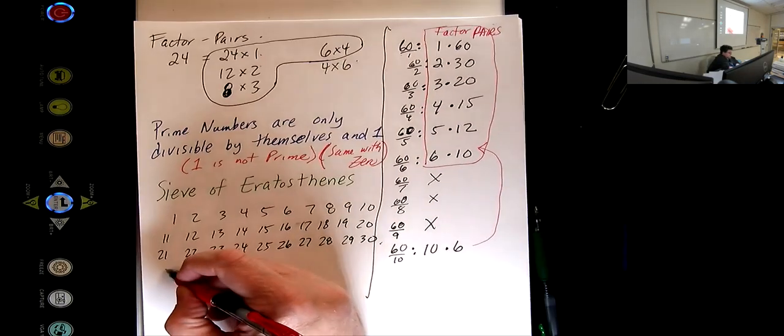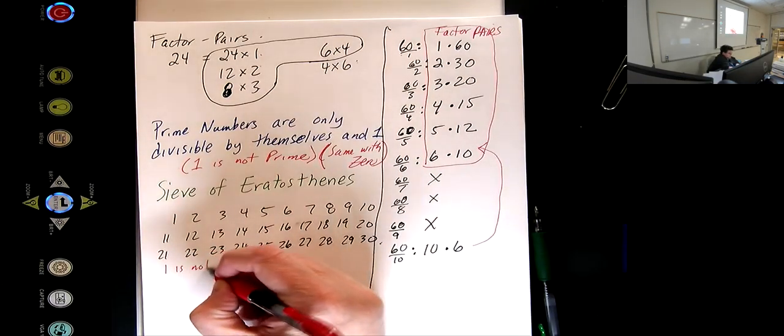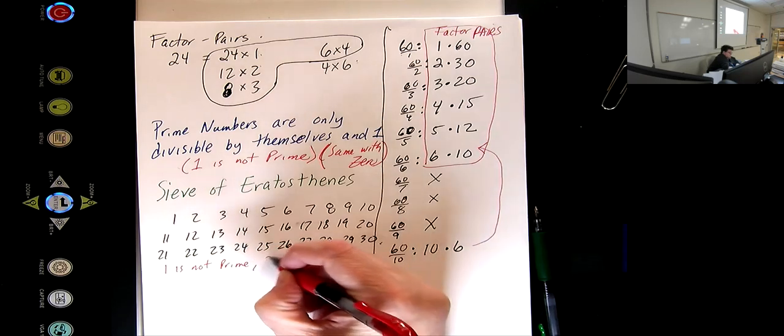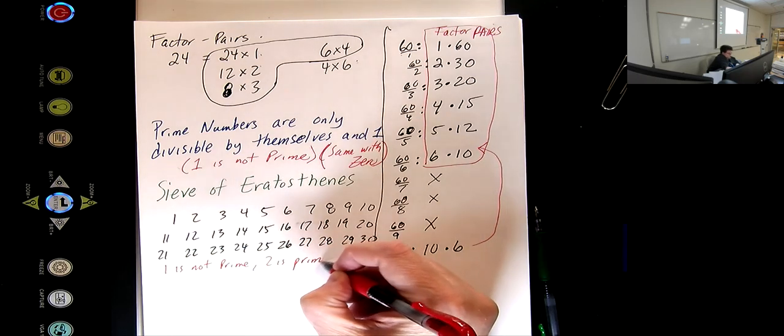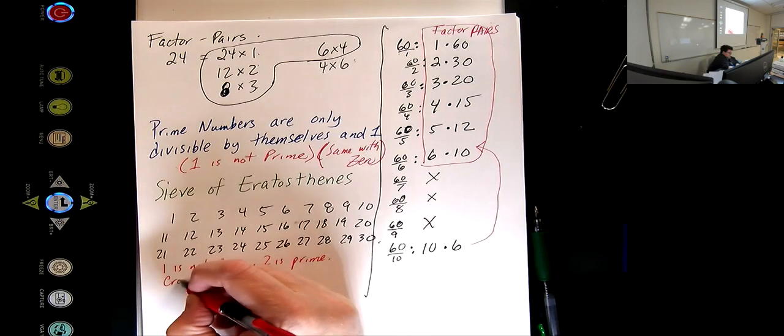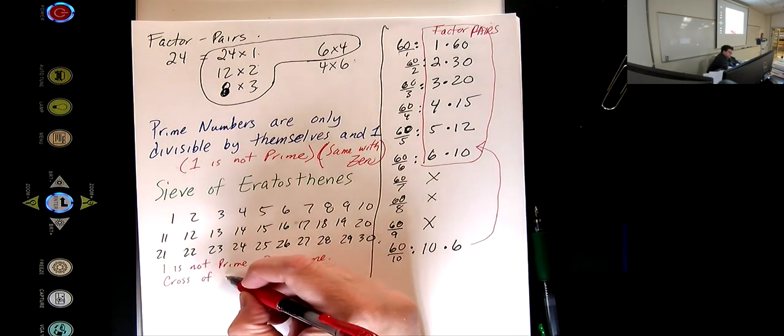So it starts off with 1 is not prime, 2 is prime. Cross off every multiple of the prime number.